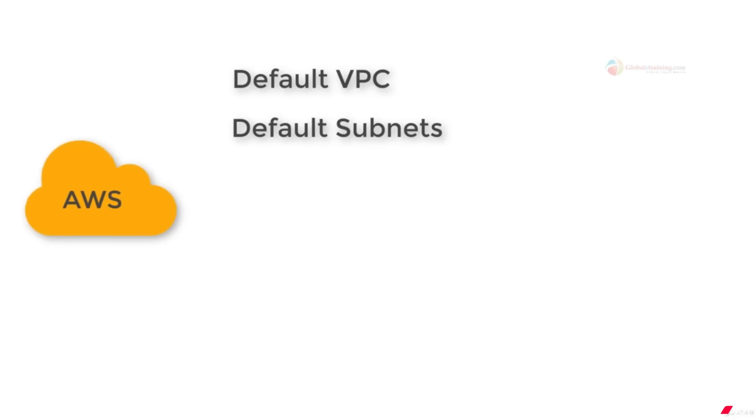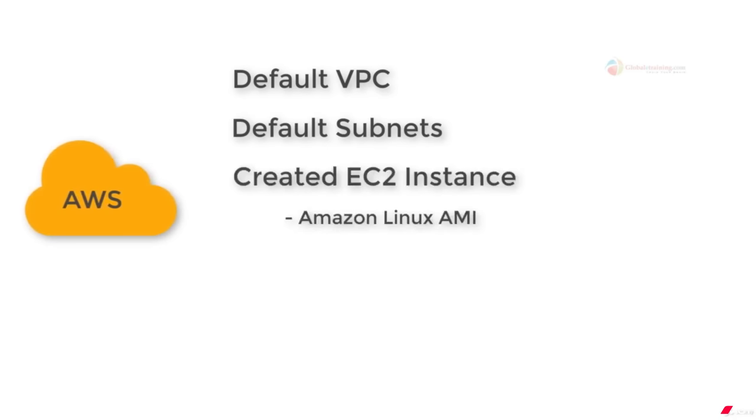Okay. In this video, we looked at the default VPC and the default subnets that were provided. And then we created an EC2 instance using a Linux image and also the free instance type. And then during the instance creation process, we created a key pair. We downloaded it.